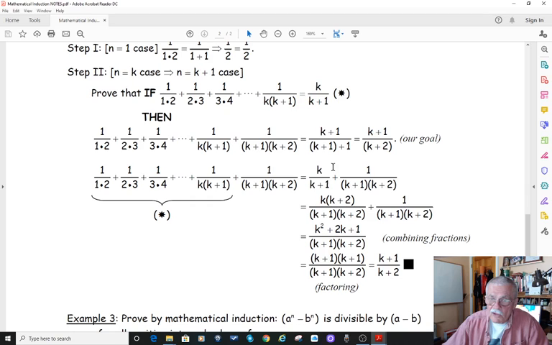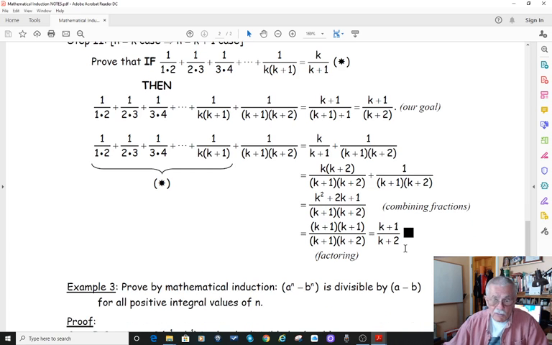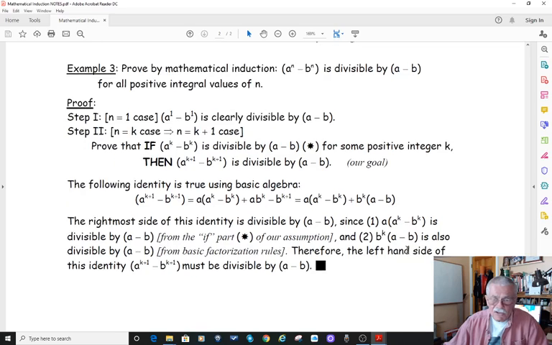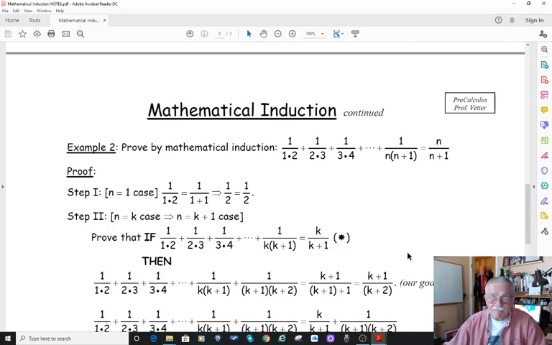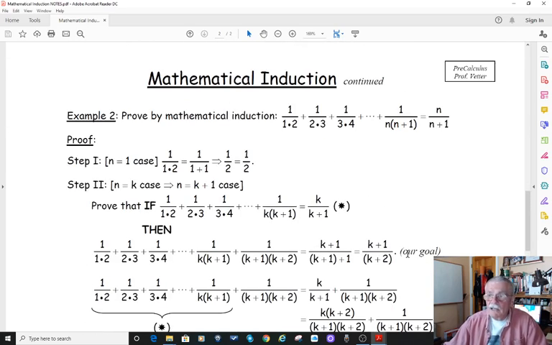So therefore, I'm multiplying top and bottom here by k plus 2. And now I have a common denominator, so I keep the bottom and I work the top. So k squared plus 2k plus 1. And that, of course, works out to k plus 1 times k plus 1. These cancel, and lo and behold, we get the expression that we're looking for. Okay, so there's all sorts of things that you can do with this. It's very cool.